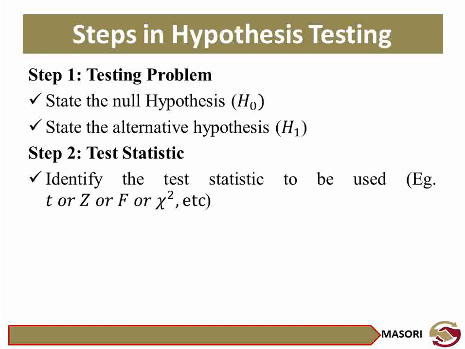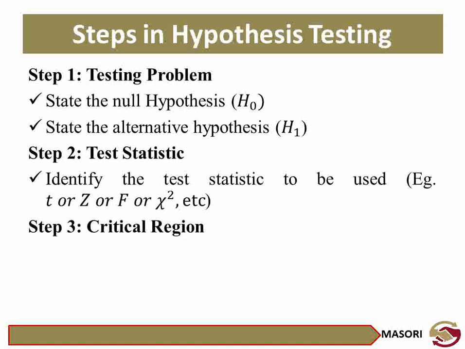It can be the f-test, the chi-square, the binomial, and so on. There are many tests, but depending on the problem you are presented with, you will be able to identify the appropriate test. So step 2 involves identification of the appropriate test to be used in your hypothesis testing.